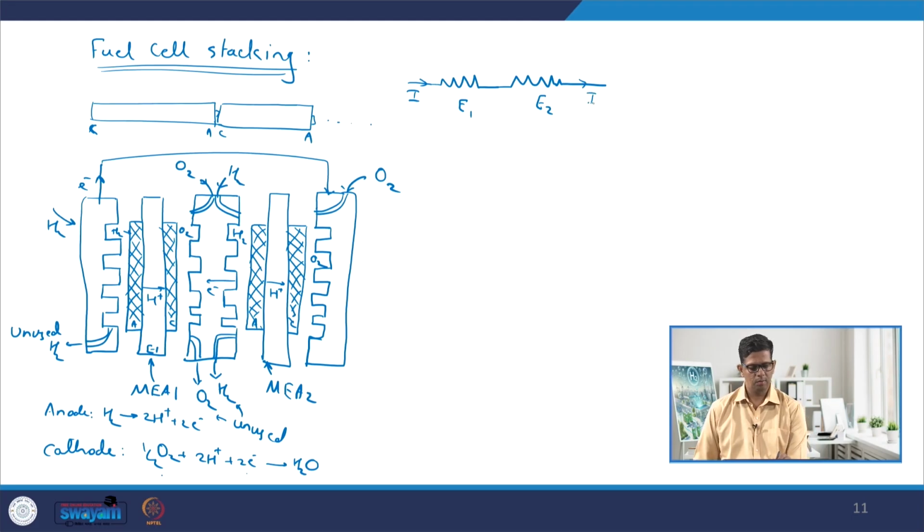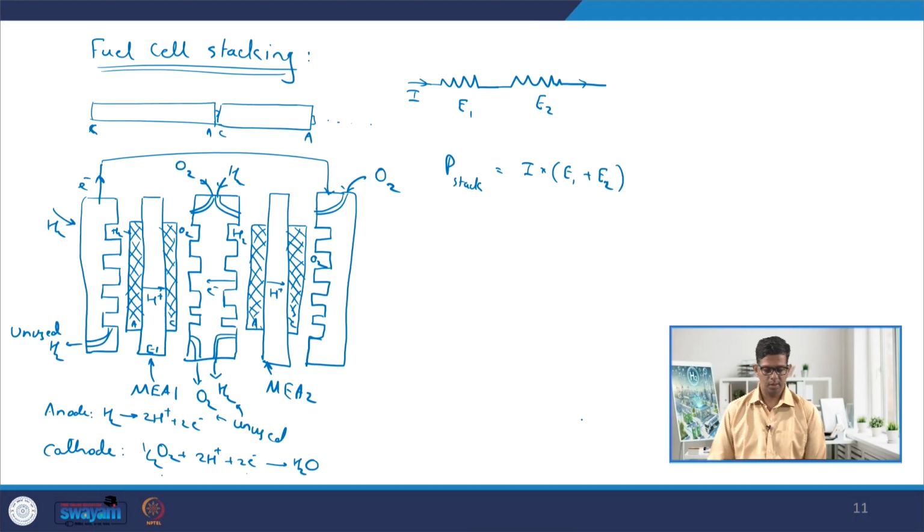In other words, when I want to find out the power output of the entire stack, it is basically I times the sum of the potentials of both cells. So, that is how we can find out the total power output of the stack.